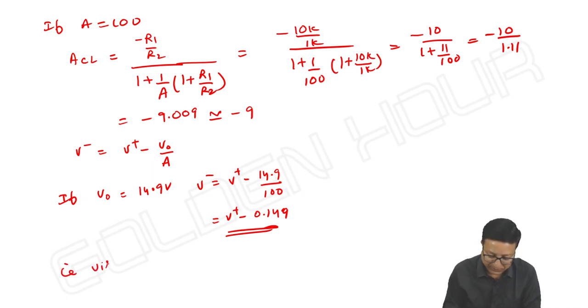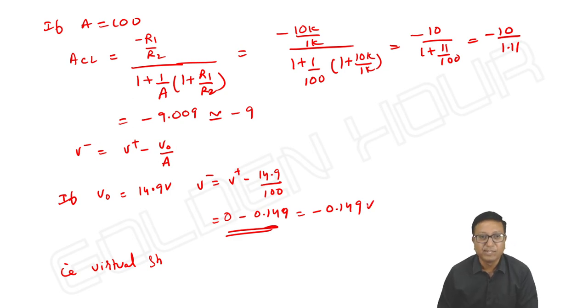So virtual short cannot be applicable. V plus is 0 anyway. It all depends on how you write it, whether minus 10, minus 9 for the closed loop gain.